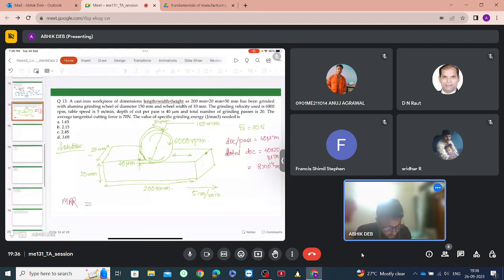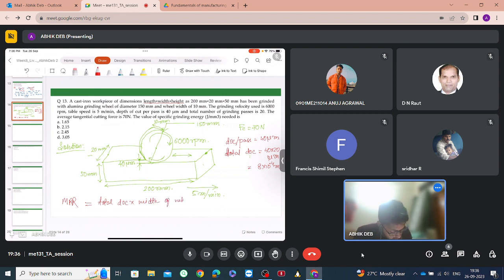MRR is the total depth of cut multiplied by the width of the wheel multiplied by the table feed. So the total depth of cut is 8 into 10 to the power minus 4 meters multiplied by the width of the wheel, which is 10 millimeters.